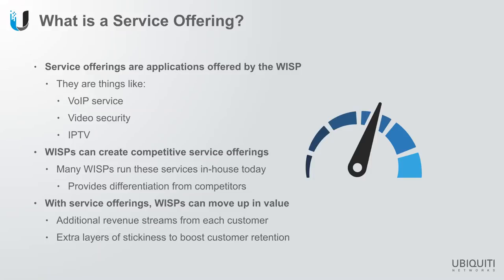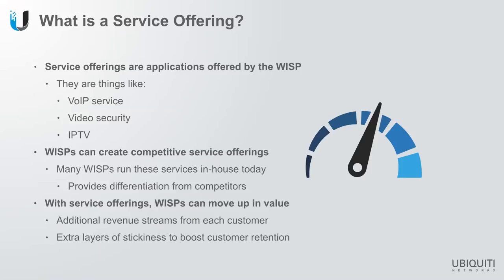I always like to bring this out because any additional revenue stream that we can get from each customer is certainly worth having. And I think each one adds extra layers of stickiness to boost customer retention. Like we were talking about a minute ago, it's always cheaper to retain a customer than it is to get a new one. So I think things like IPTV, for example, in the past I've found to be very sticky, in that people really don't want to give up a local TV service with local news channels that they can't typically get through another OTT service, or another WISP in the area.